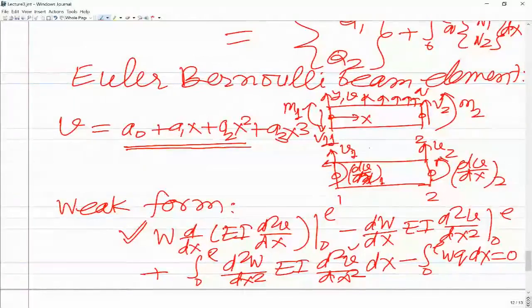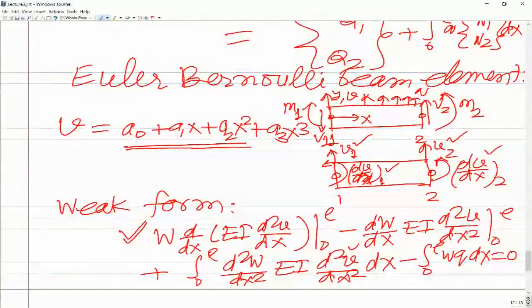The primary variables are v and dv by dx. So v1 as well as dv by dx is a degree of freedom at the left node, and v2 and dv by dx at node 2 have to be degrees of freedom. That is why it leads to 4 degrees of freedom per element.